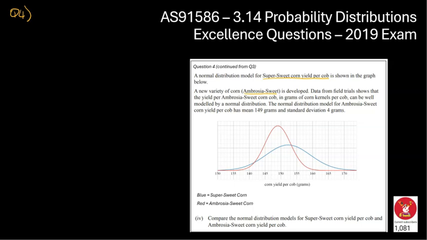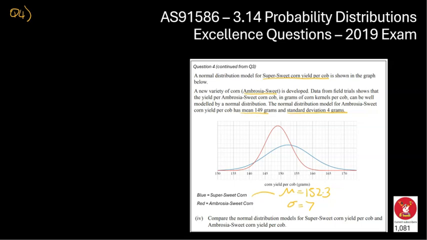The normal distribution for the Ambrosia sweet is mean of 149 and a standard deviation of 7. Remember from the previous question for the super sweet, it had a mean of 152.3 and it had a standard deviation of 7. So just noting that might be relevant for later.